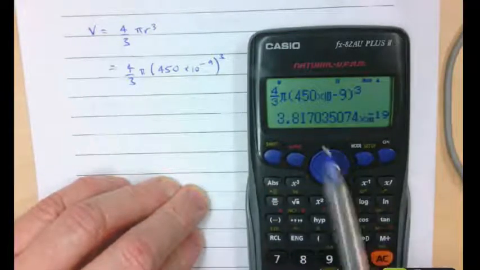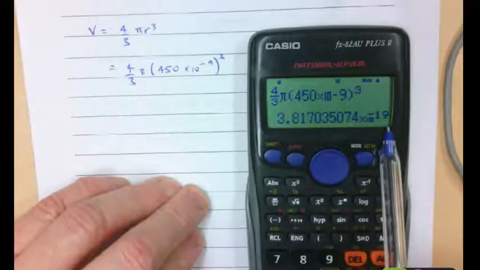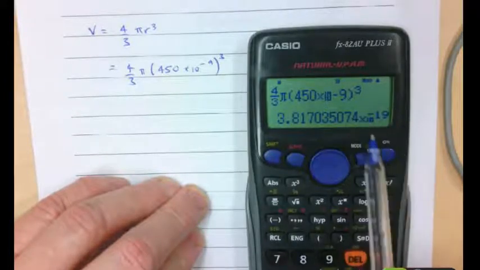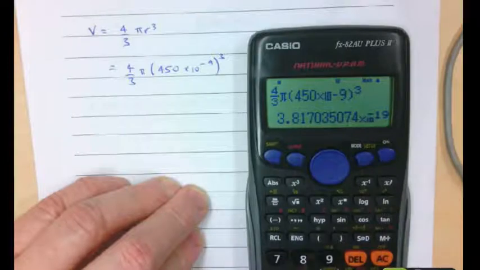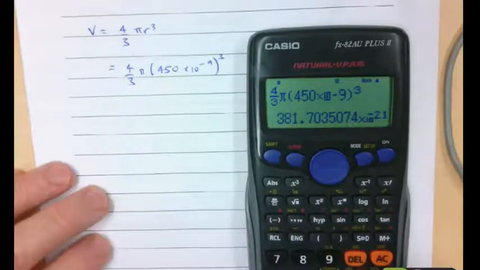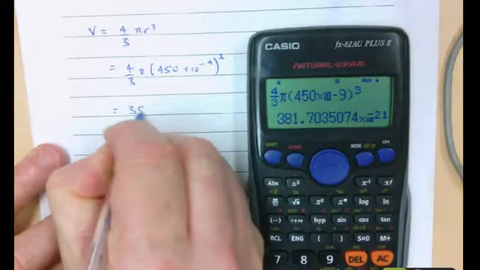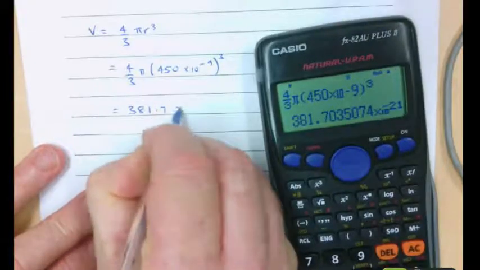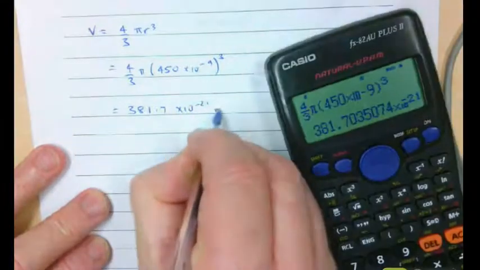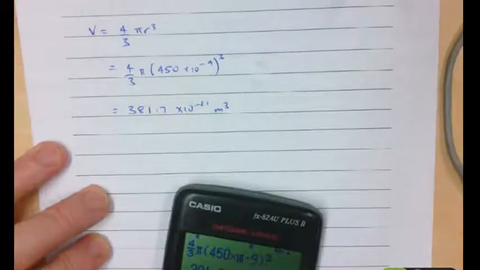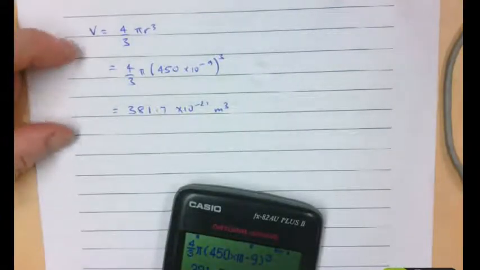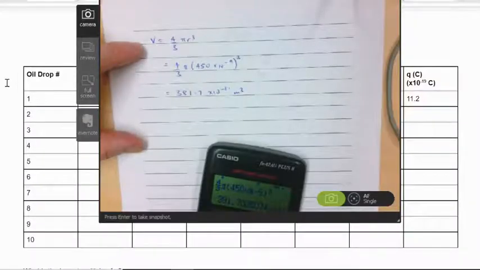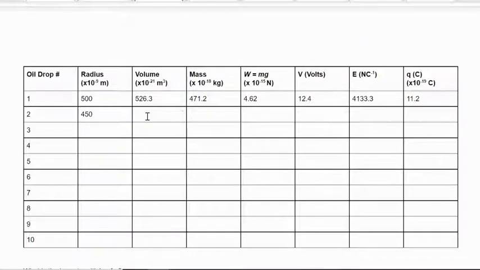Okay, so that's that value there, but we want it to be times 10 to the minus 21 for our table. So I'm just going to press the engineering key, and that gives us 381.7 times 10 to the minus 21 meters cubed. Recording that into our table, that's 381.7.